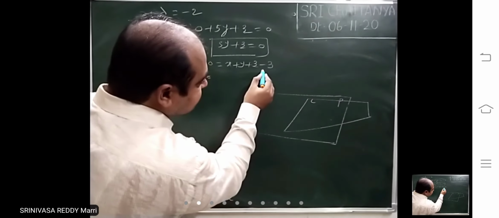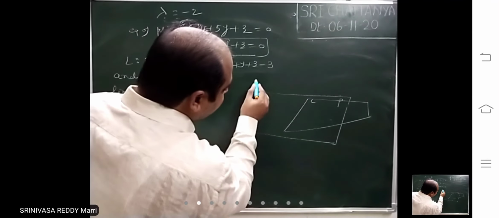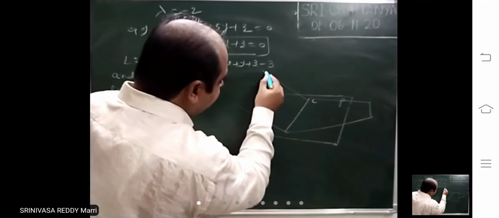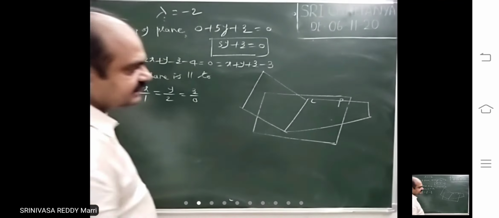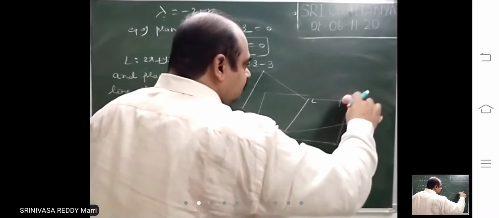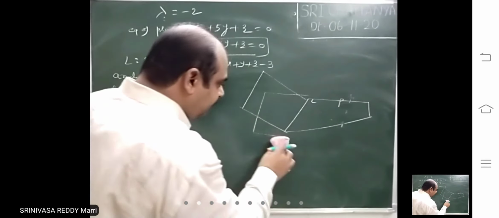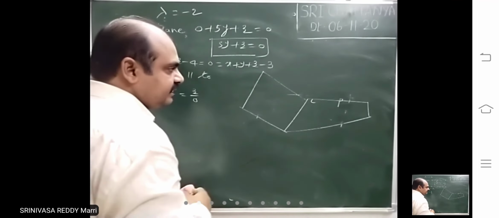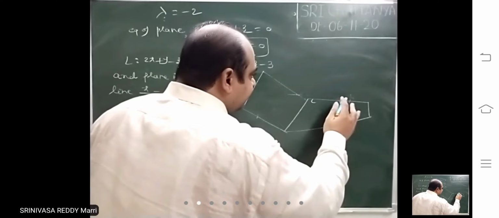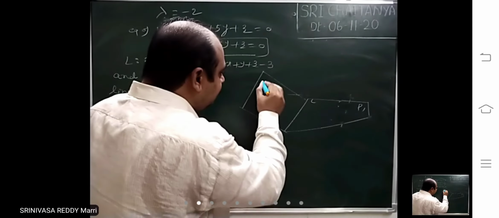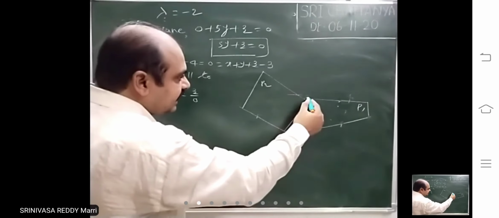One plane is this and another plane I am drawing. Plane 1 and plane 2 are given in the question, and this is the line.